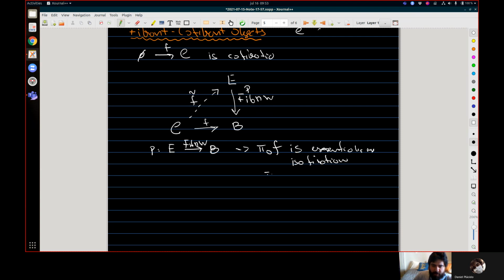It's quite easy to see that this implies that pi 0 of P is surjective on objects. Okay, so to see this, isofibrations lift isomorphisms.